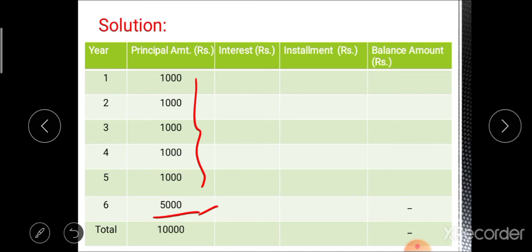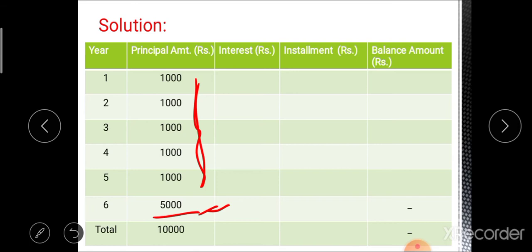So we divide the principal amount, that is 1,000 rupees in each year up to 5 years, and at the end we can repay the 5,000 in lump sum. Instead of 1,000 rupees, we can take the principal amount of 900 rupees or 1,100 rupees. For calculation, I take this 1,000 rupees.